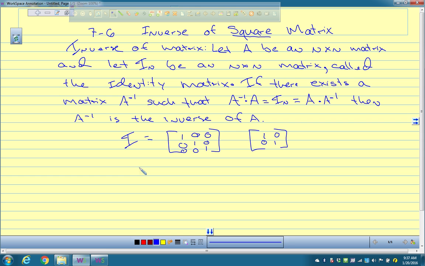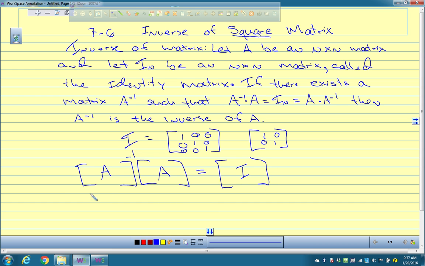So if you multiply the identity matrix by any matrix, then you get the same matrix in return. So what an inverse is, if I take some matrix A, and I multiply it by its inverse, A inverse, say it's a 3 by 3, then I get the identity matrix.